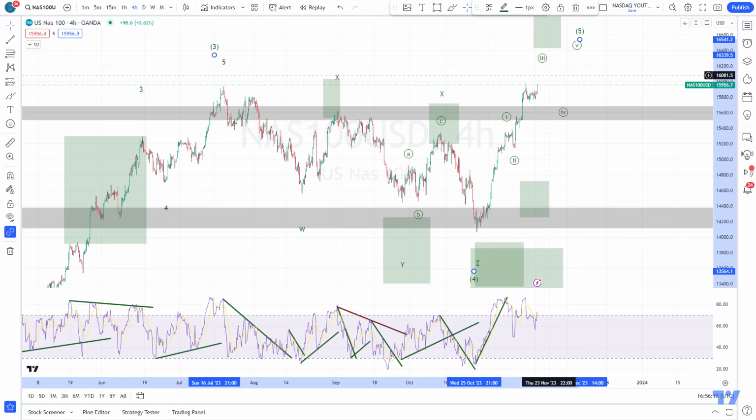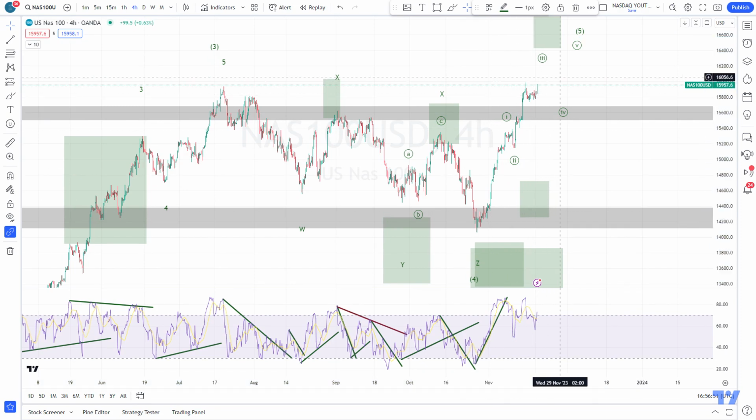Of course, if you are trading like the 1 minute or the 5 minute and you find an entry in the 1 minute and the 5 minute, I still think the direction is bullish for the moment, the higher time frame direction. So if you find an entry on the lower time frame, I think you're still right with going long. But from a 4-hour perspective, this is ending, in my opinion.